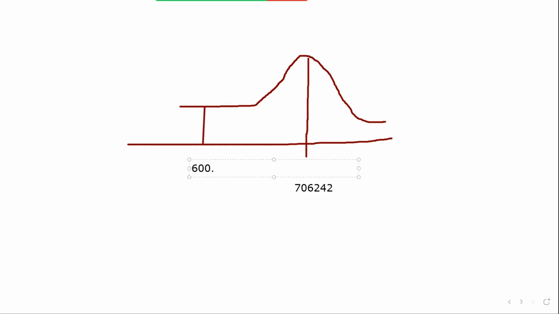Wouldn't that be the negative side? Yeah, because the mean is 706. Yeah, so they're both on the left this time, right? Because, but that's a good observation. So both of your z-scores should be negative, right?